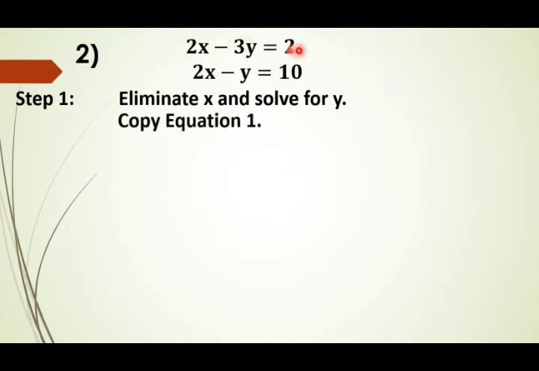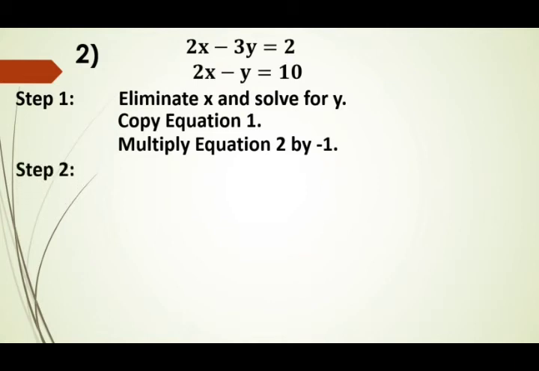Then, let us copy equation 1. Then, kailangang maging negative nitong 2x na pangalawa. So, anong imumultiply mo sa positive 2 para maging negative 2? Correct. Kailangan mong i-multiply ito sa negative 1.